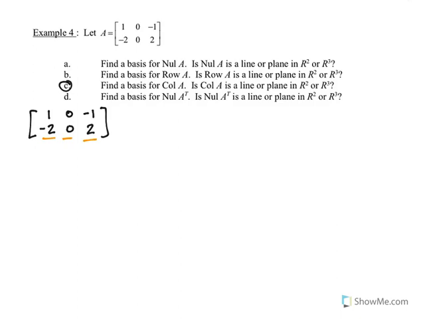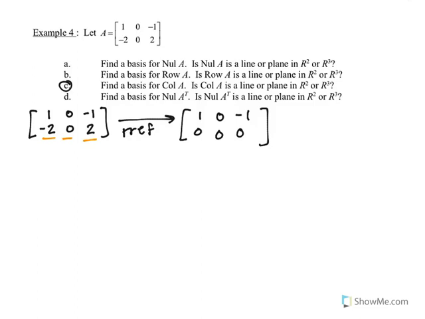But I do want to see which columns are linearly independent. You actually already did this. Okay, so by row reducing in problem A to this matrix, you were able to see which columns are linearly dependent or independent.